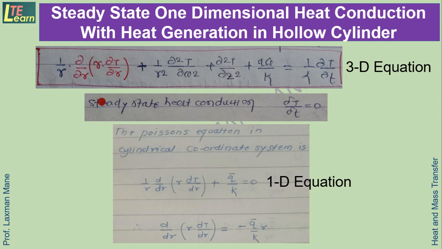So here 1 upon r d by dr of r into dt by dr, plus we consider internal heat generation, so that's why q by k is equal to 0. By arranging the terms we find this equation.